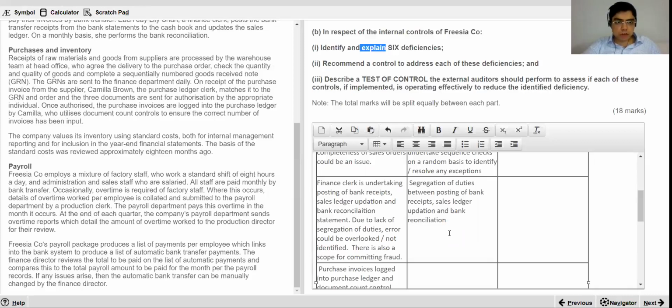And bank reconciliation should be performed to identify frauds and errors. You could even say that bank reconciliation should be reviewed and approved by independent persons. That could be another control which you could talk about.